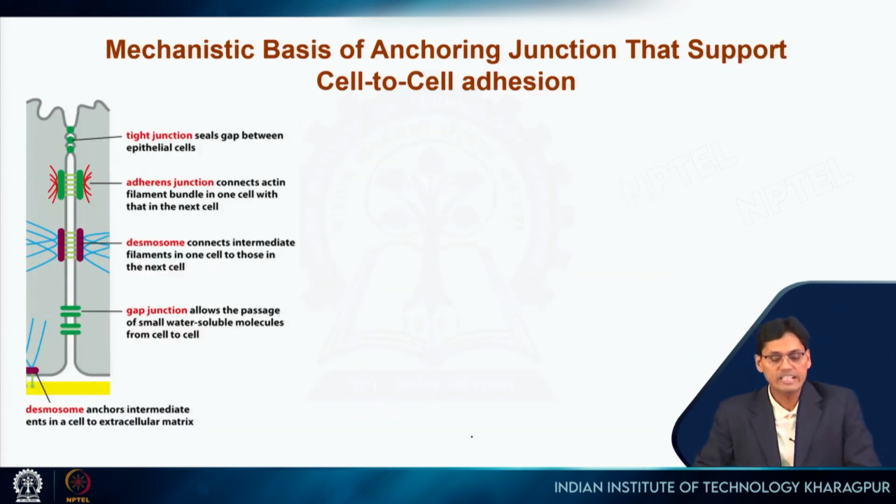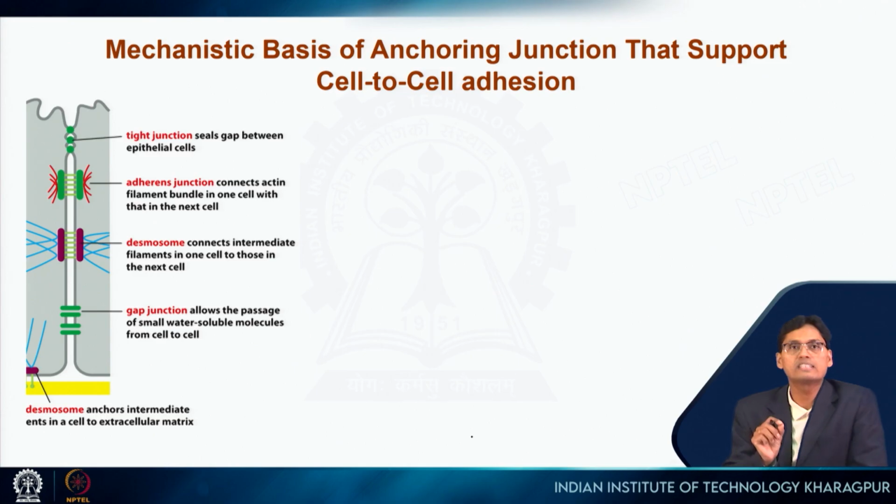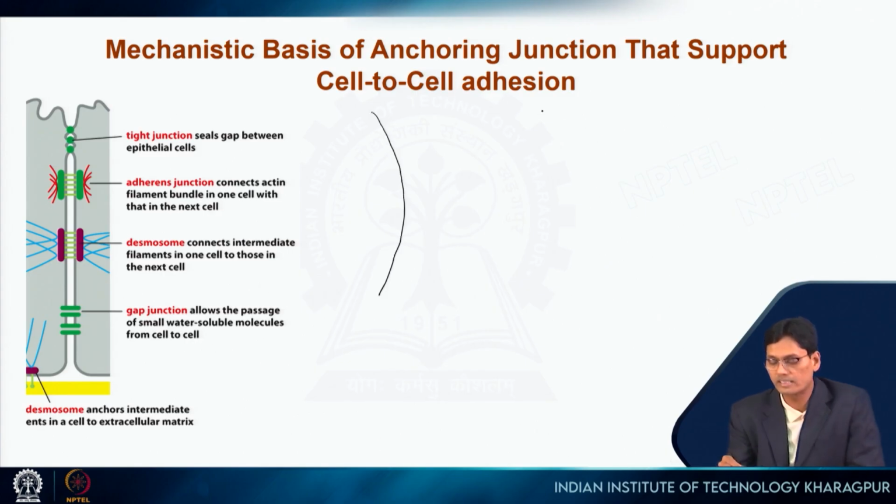Now, very briefly I will discuss the mechanistic basis of anchoring junction, that means particularly I will focus on adherent junction that support cell to cell adhesion. So, all these 4 types of cell junction I already explained. So, if you see here something like this, I would say this is one cell and this is another cell.